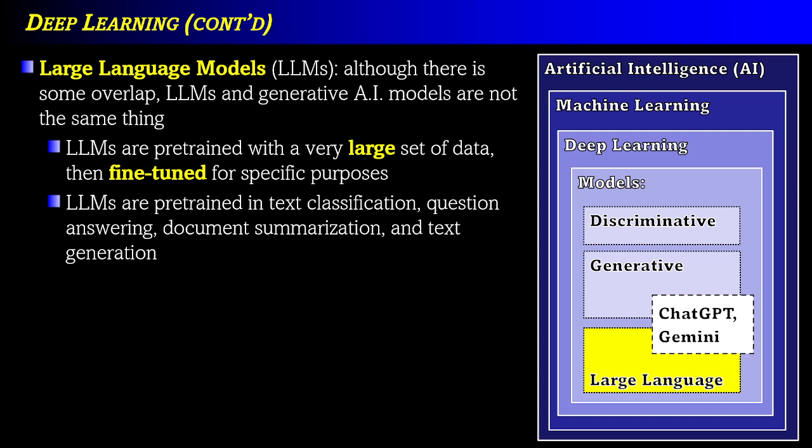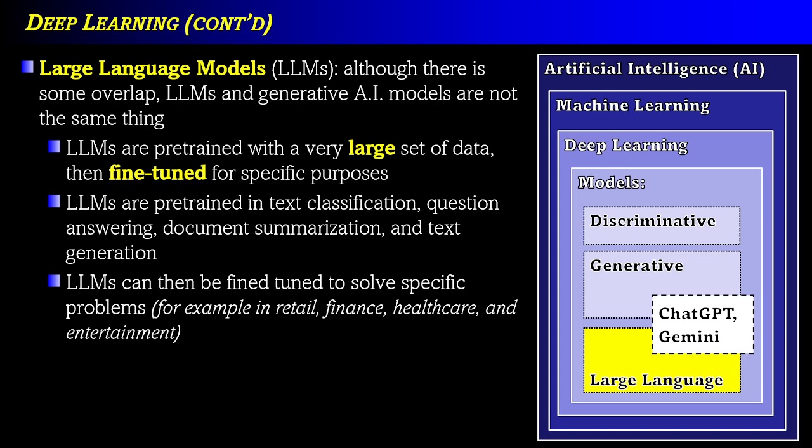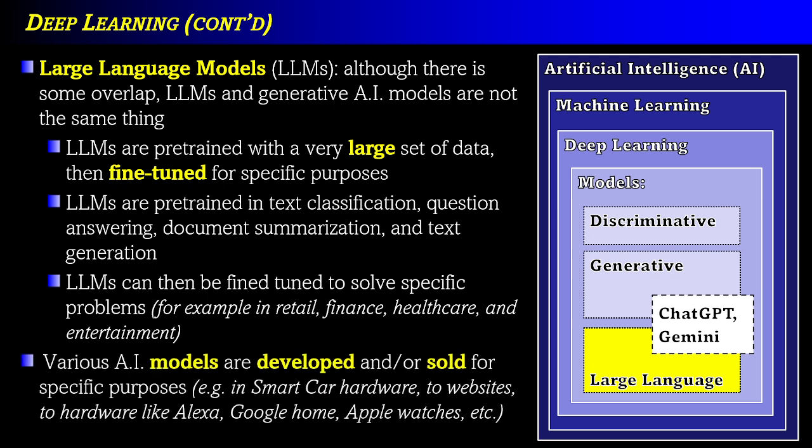They're pre-trained in things like text classification, answering questions, summarizing documents, and text generation. LLMs can then be fine-tuned to solve specific problems. For example, they can be put specifically into retail problem sets, or finance, or healthcare, or entertainment. So the LLM can be fine-tuned for that specific task.